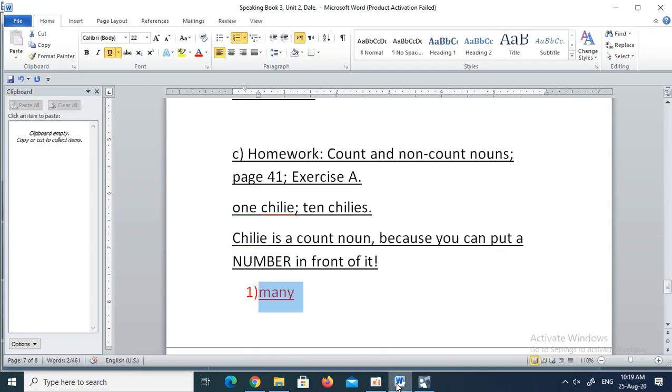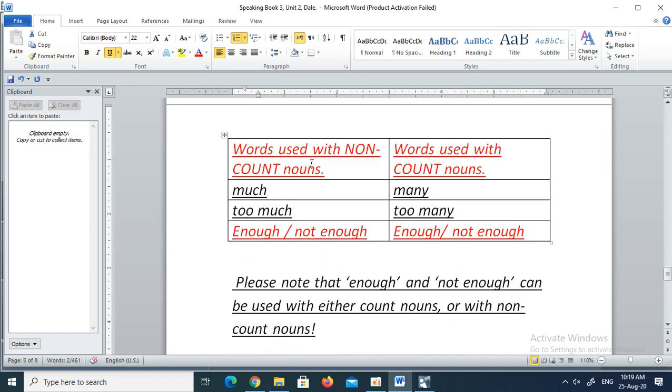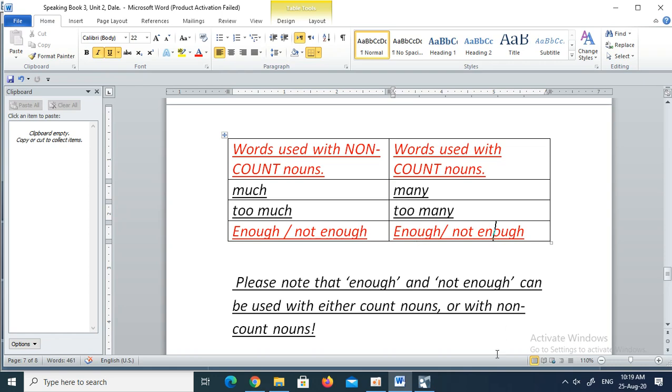When you know if it is a count noun or a non-count noun, then you can go to our table, and if it is a non-count noun, it has to be much, too much, enough, or not enough. If it is a count noun, it has to be many, or too many, or enough, or not enough.